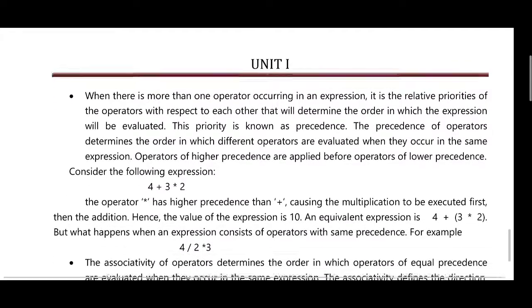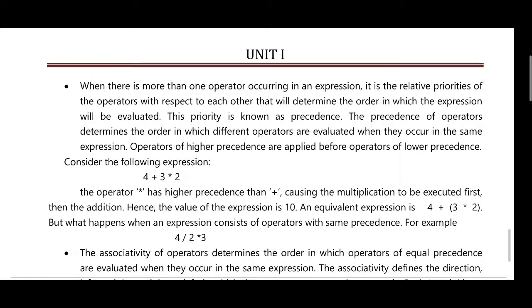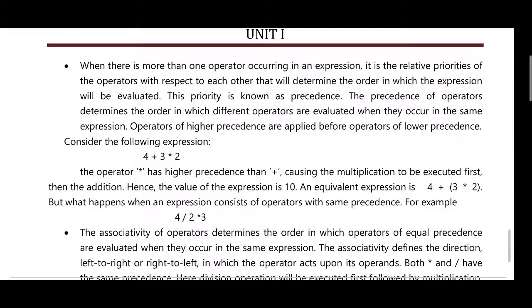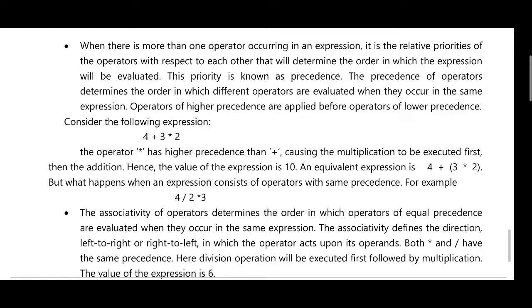The following expression: 4 + 3 * 2. The operator * has higher precedence than +, causing the multiplication to be executed first, then the addition. Hence, the value of the expression is 10.